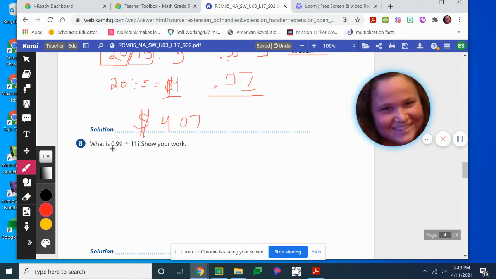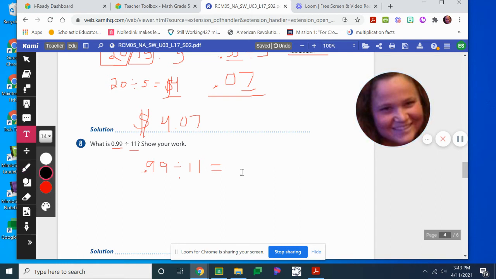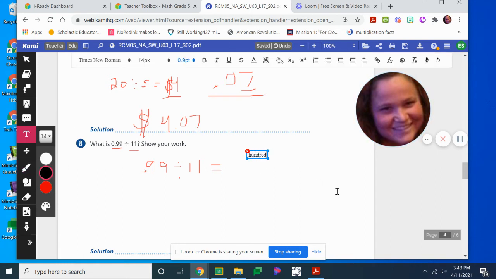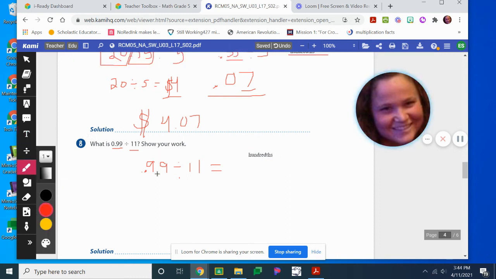All right, now we've got 99 hundredths divided by 11. If I have 99 hundredths, I'm going to rewrite this as 0.99 divided by 11 equals something. Now I know that I'm working in hundredths because I'm landing in hundredths over here. So I have to think to myself, if this were whole numbers, 99 divided by 11, how many 11s can I fit into 99?